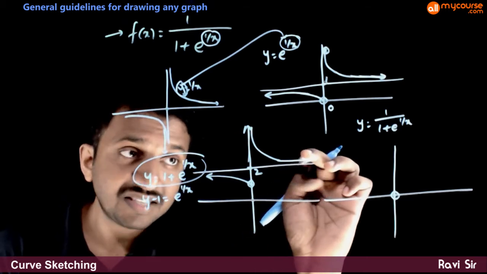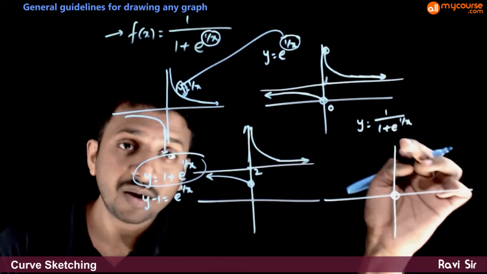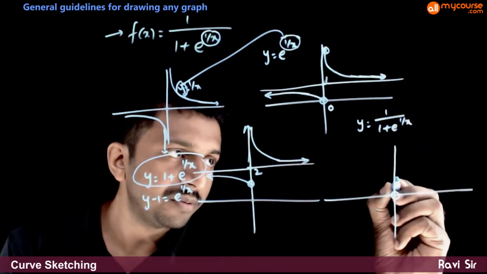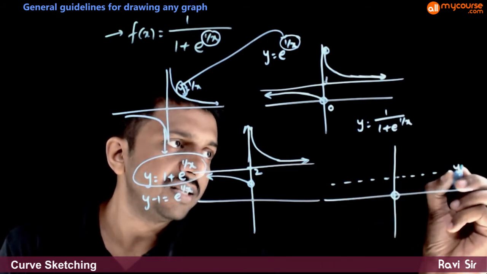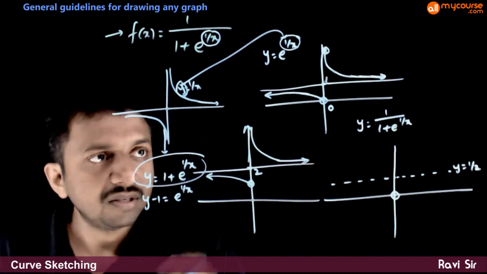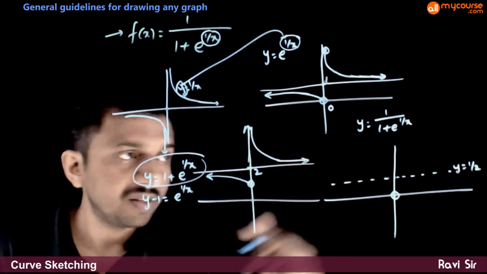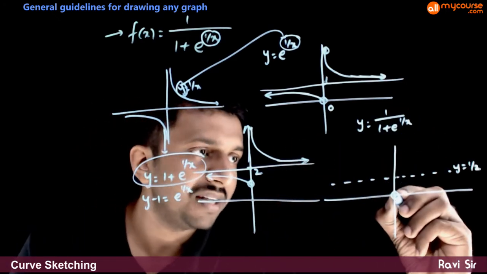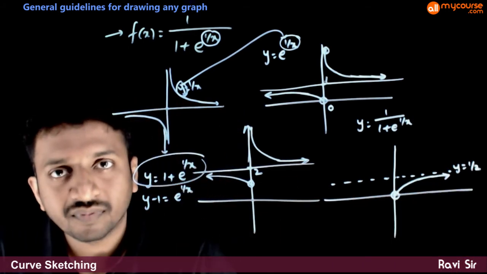Next, this term is going to 2 asymptotically, so if you take 1 by 2, it goes to 1 by 2. So now you have the line y is equal to half. This goes to 0, this goes to 1 by 2, from the lower side, because this is greater than 2 and 1 by this is less than 1 by 2. So asymptotically it goes to 1 by 2.